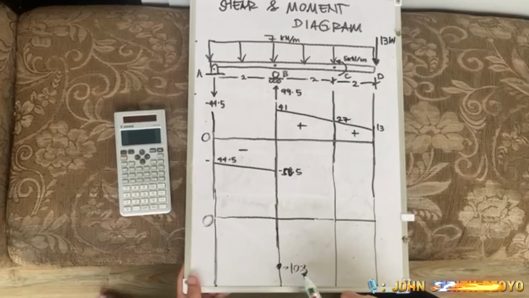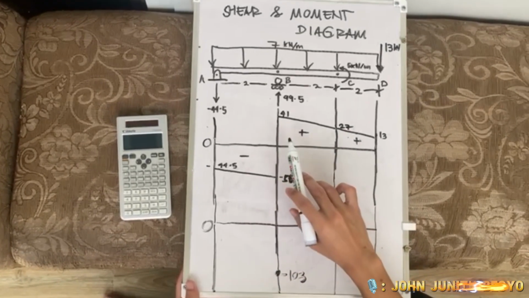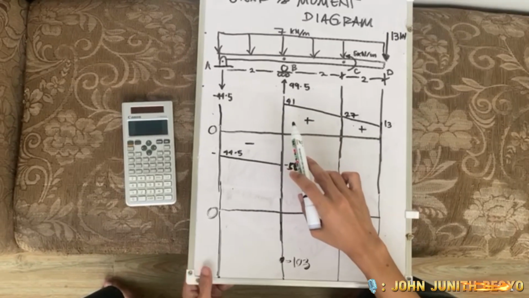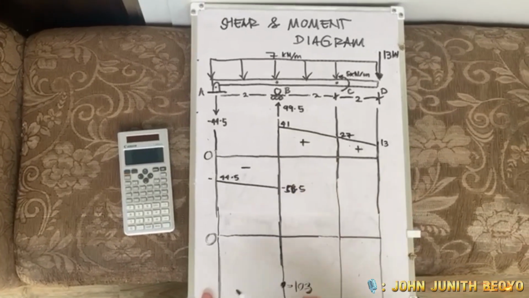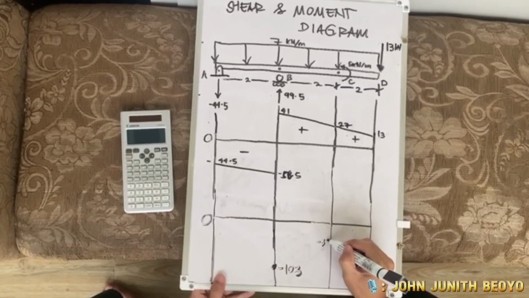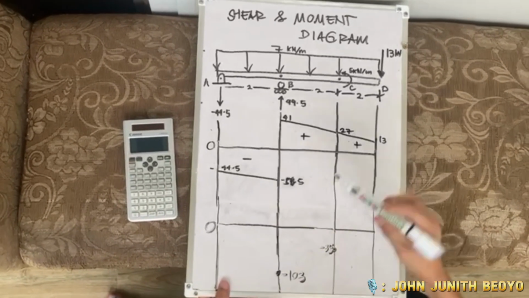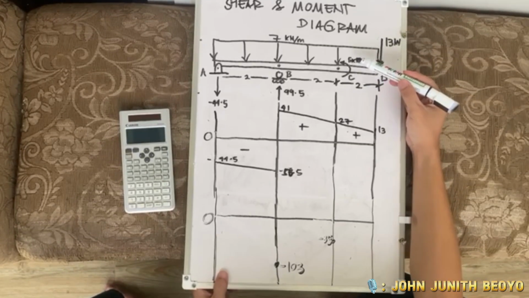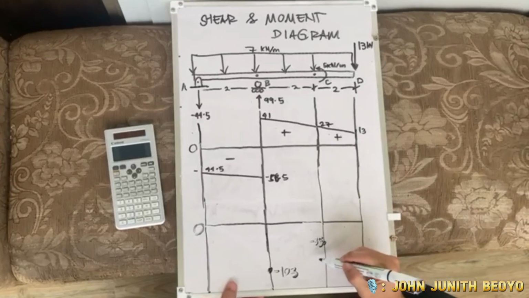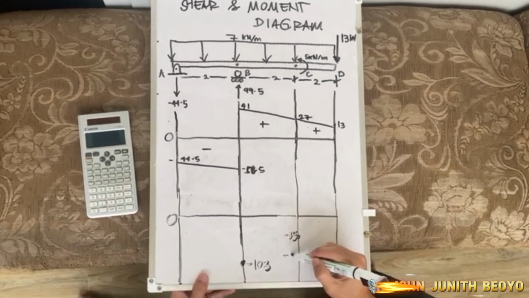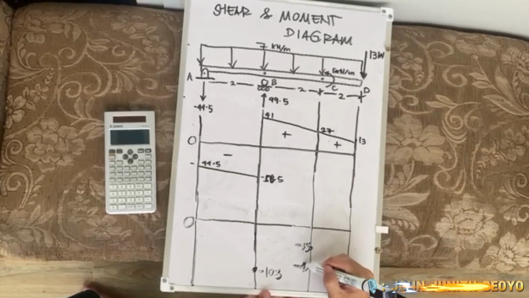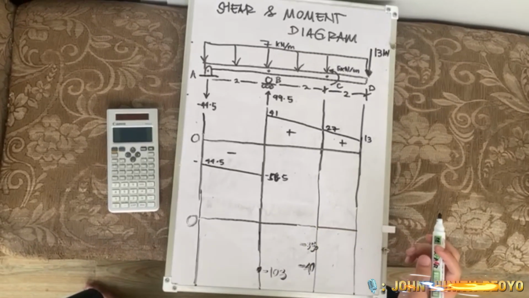Next is negative 103 moment plus, again trapezoidal, one half base, 2, times the sum of the heights, 41 and 27, and we get a moment of negative 35. Then the counterclockwise 5 kN meter moment at C gets added, so it becomes negative 40 since it is counterclockwise.